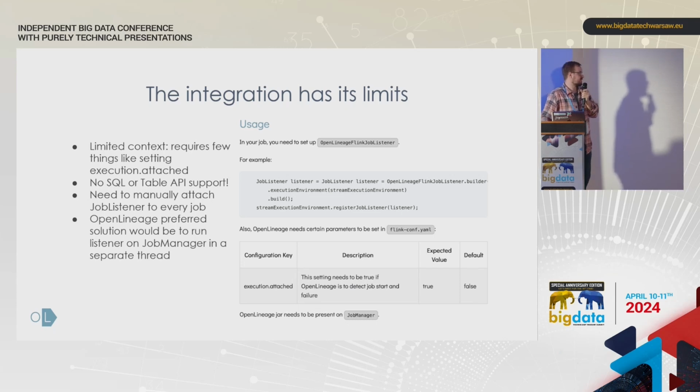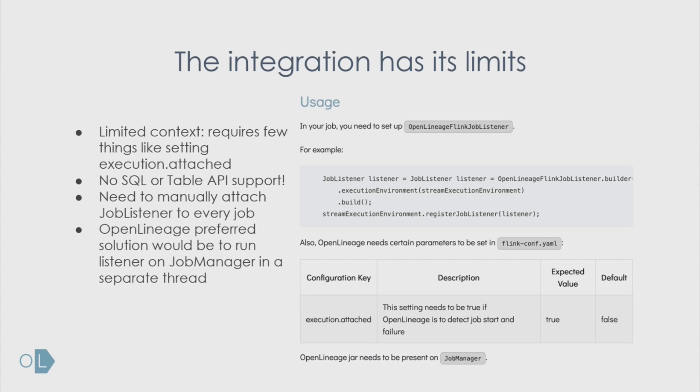There's no SQL or Table API support now. You have to manually attach it to every job you do, because it requires getting an execution environment, and if you don't manually attach the job listener, it just gets the empty constructor.